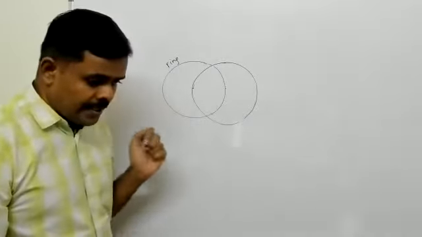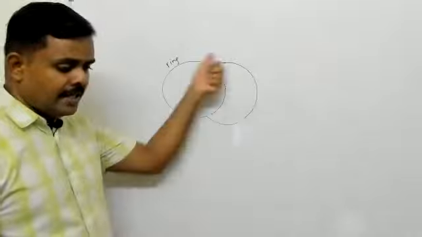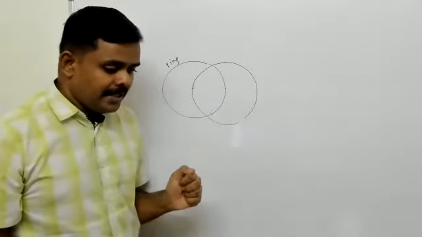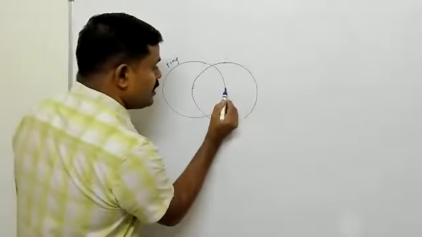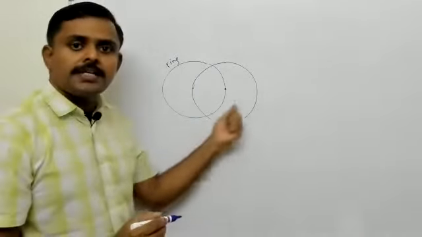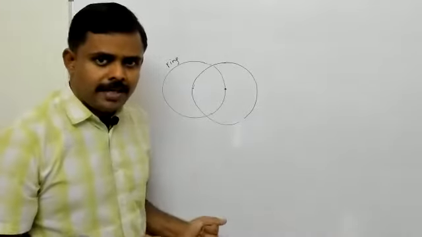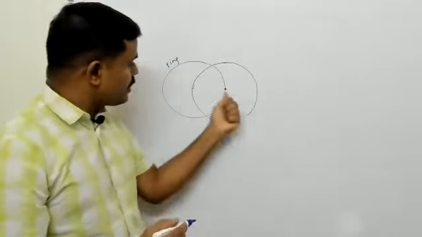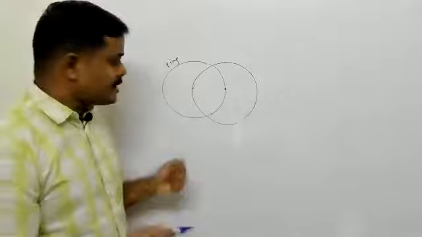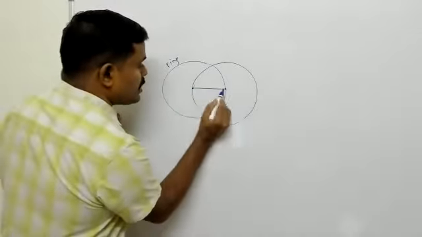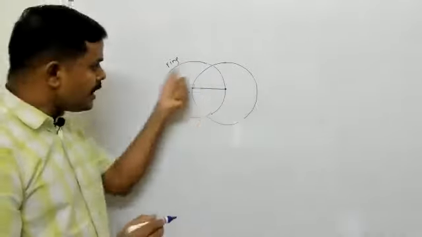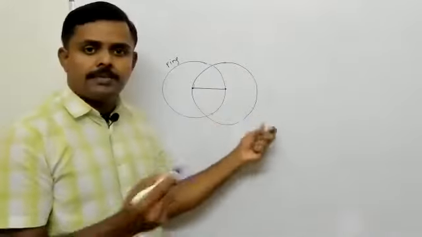And then a sphere of equal radius R is constructed with its center at the periphery of the ring. Where is the center of the sphere? At the periphery, or on the circumference, of the ring. Am I correct? The center of the sphere is on the periphery of the ring. And see this, this is the center. So if I draw the radius, look at this. This is the radius. The radius of the ring and the radius of the sphere are both identical.